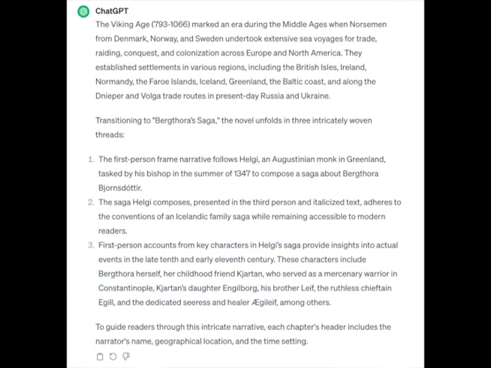in the original text. The first paragraph here on the Viking Age is pretty much the same. Its suggestion for transitioning from that paragraph to the next part is adding the word transitioning to. That's not a particularly effective way of transitioning. Just adding the word transitioning seems kind of a heavy-handed way to do that.